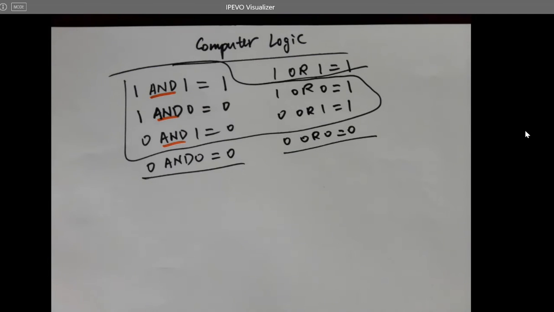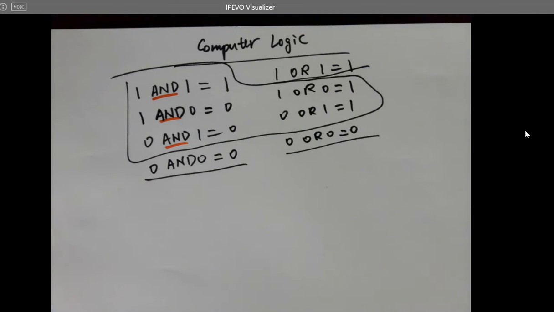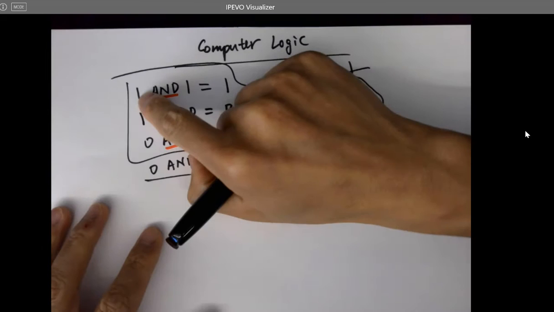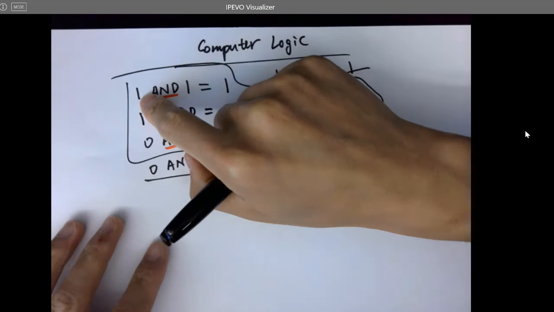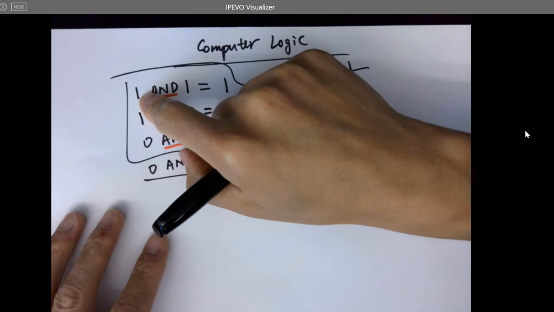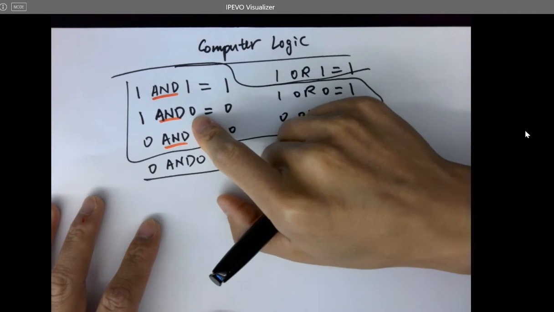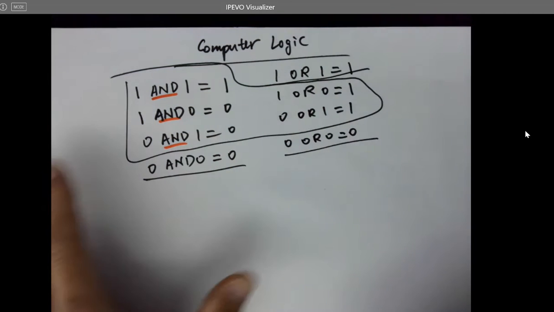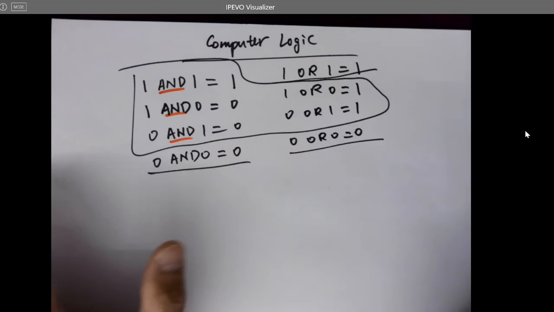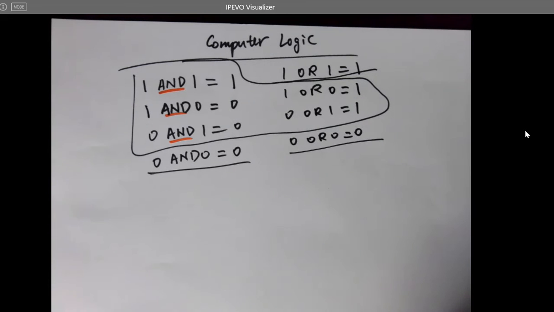Think about a basketball game, right? So 1 is a very good player, will lead the team to win the game. And 0 is an awful player, will let the team lose a game, definitely, okay?